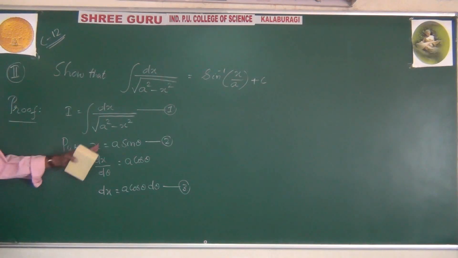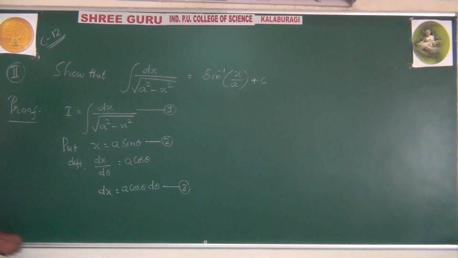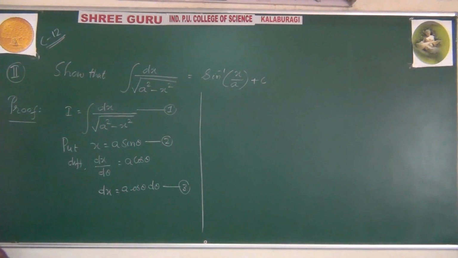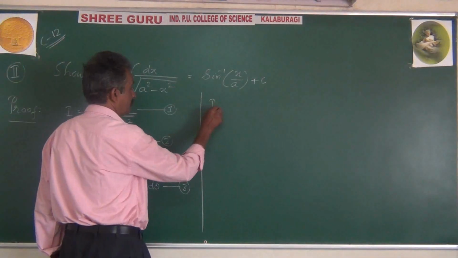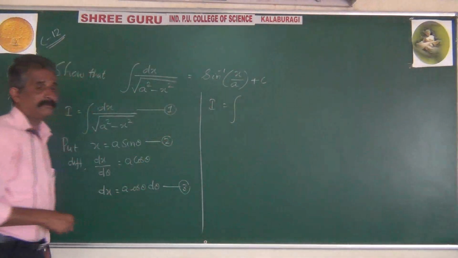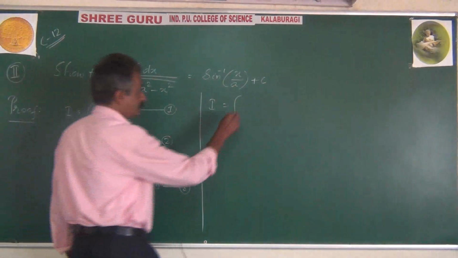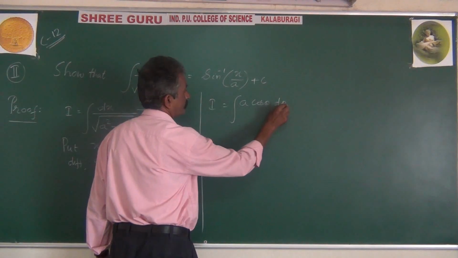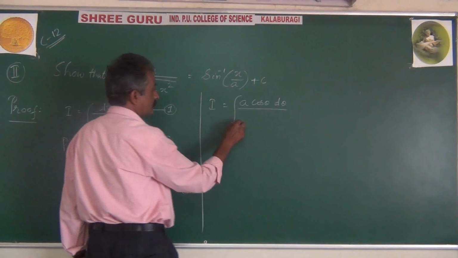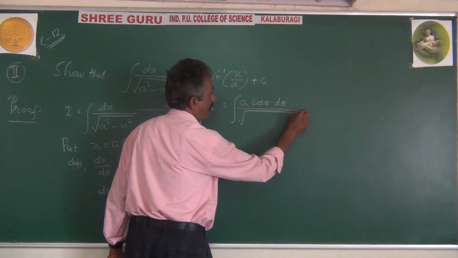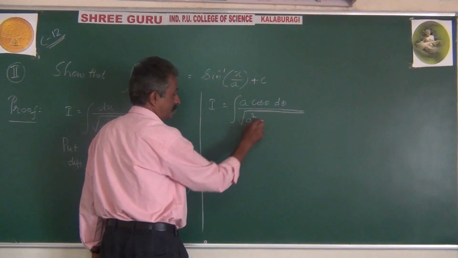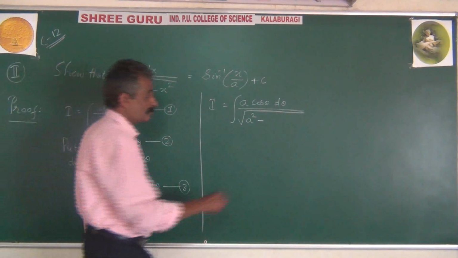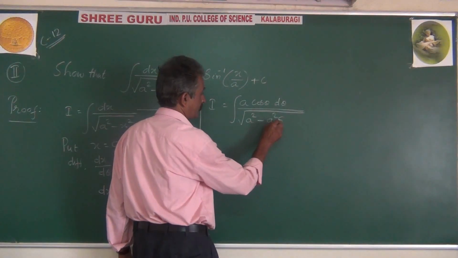Now from 2 and 3 using in 1, I becomes integration of a cos theta d theta divided by square root of a square minus x square. x is a sin theta, and a sin theta whole square becomes a square sin square theta.